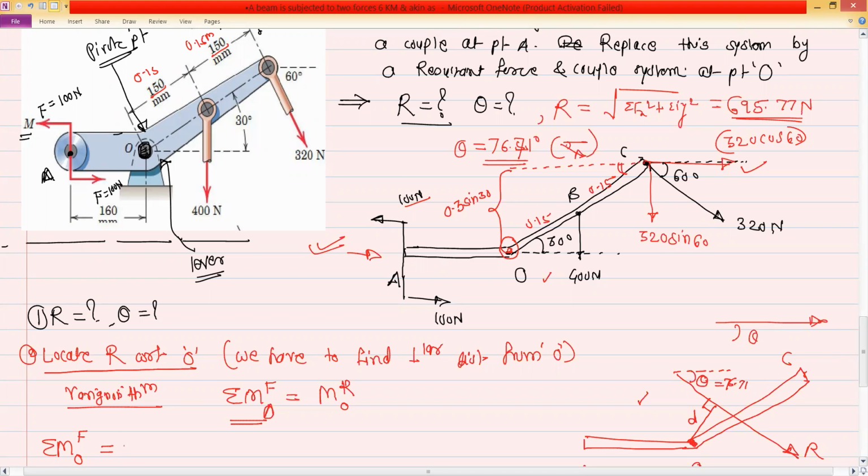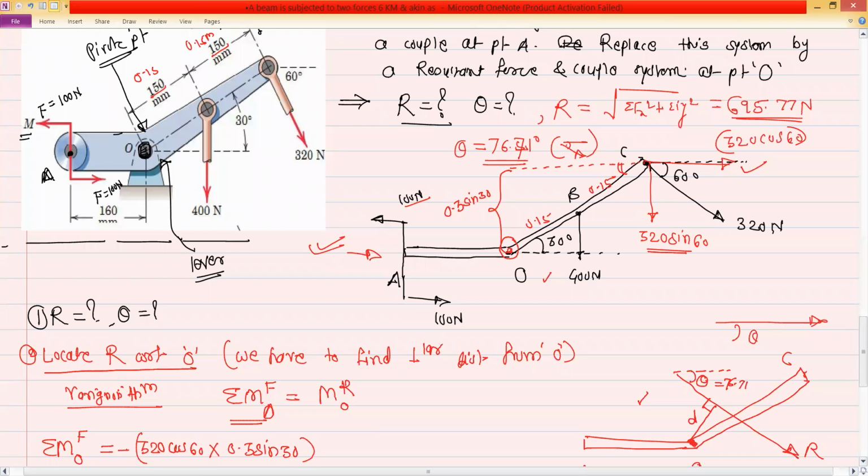So we will write the summation of moment. Force is 320 cos 60 into perpendicular distance 0.3 sine 30. So this is the first moment and this moment is clockwise, so this is minus. Second moment is because of 320 sine 60.